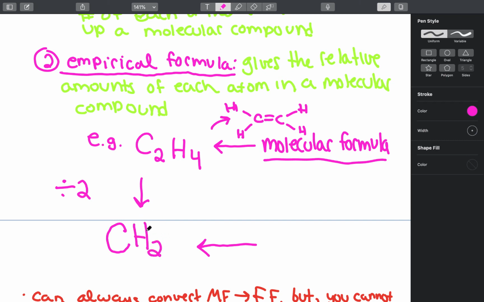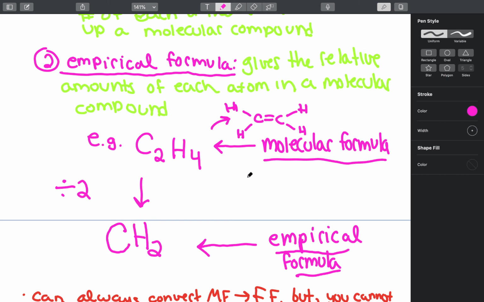And this tells us that there is 2 hydrogens for every carbon in this molecular compound. So this is the empirical formula. It's telling us that there is 2 hydrogens for every carbon.